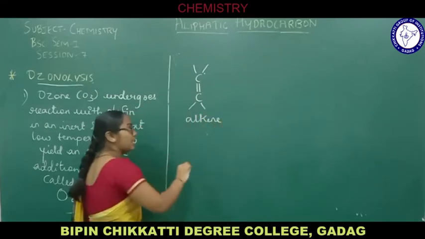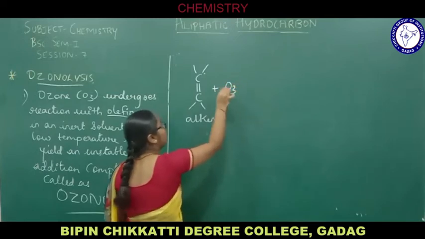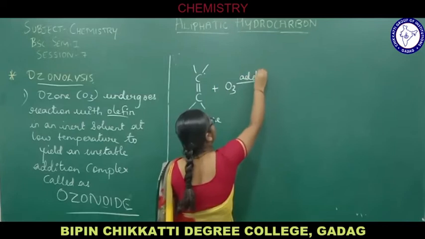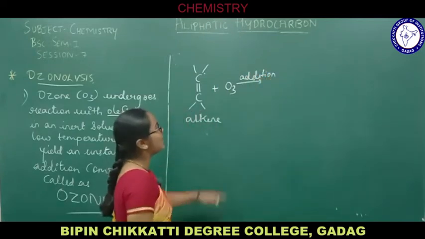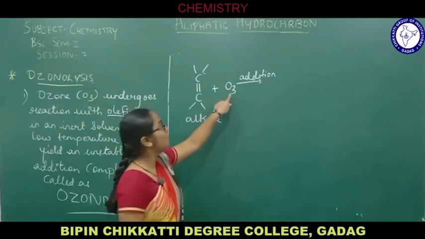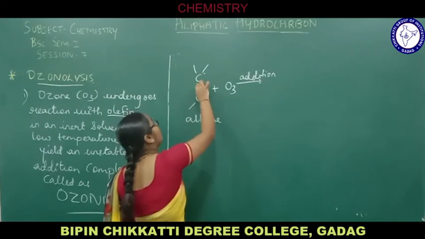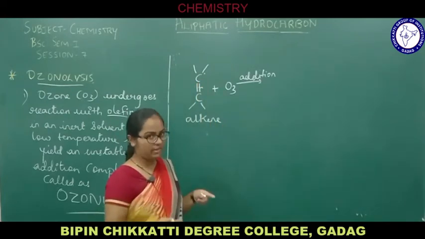And when this alkene is getting combined with the ozone O3, the addition reaction is going to happen. Addition is happening. Now after addition, this O3 will get combined with this olefin in such a manner that the bond between the carbon-carbon double bond will break.